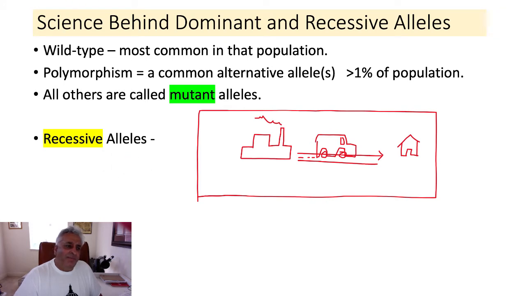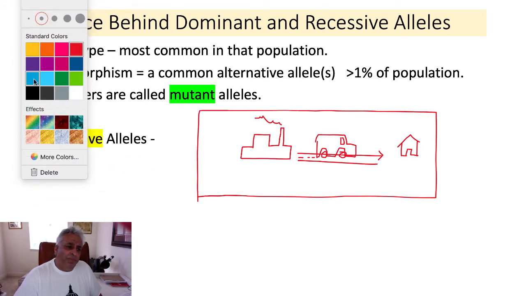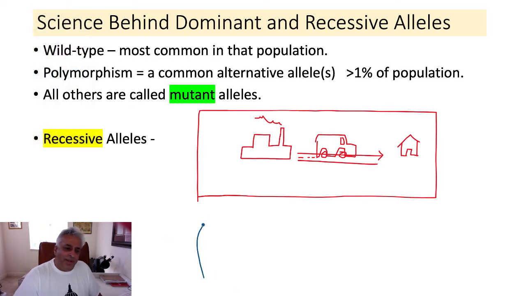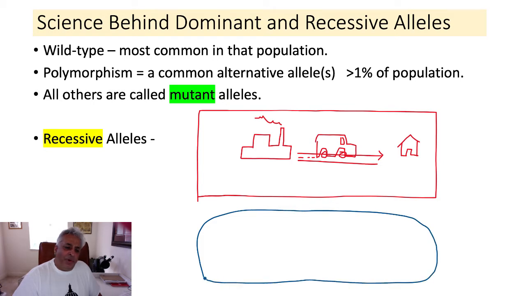Let's change the color, and let's choose blue to represent a cell. So here's the cell, and we're going to stick with the eukaryotic cells. But prokaryotic cells do things in a very similar fashion. And then we have a nucleus. And inside the nucleus, we have a pair of chromosomes, homologous chromosomes.